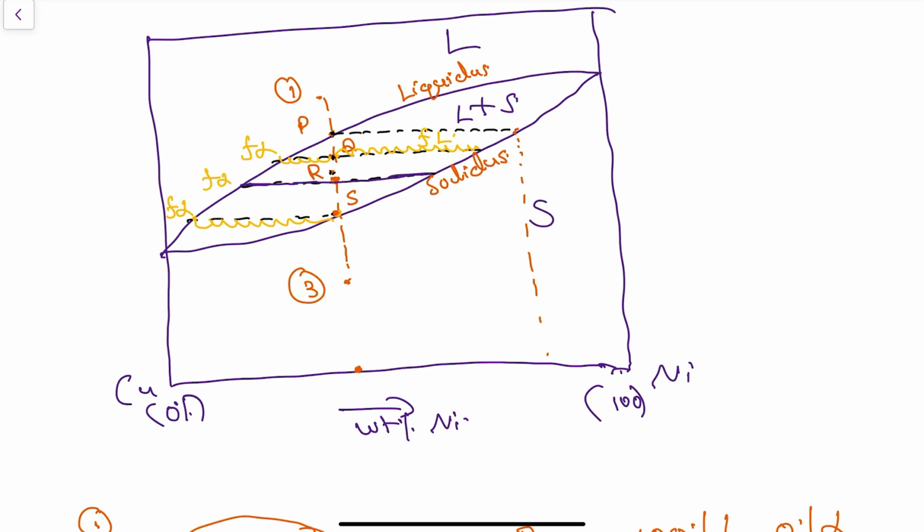You can find the relative amounts of phases, and the composition of alpha will be given by this point. Here, the solid is alpha, so this will give you the composition of alpha, and where it touches the liquidus line, this will give you the composition of liquid.